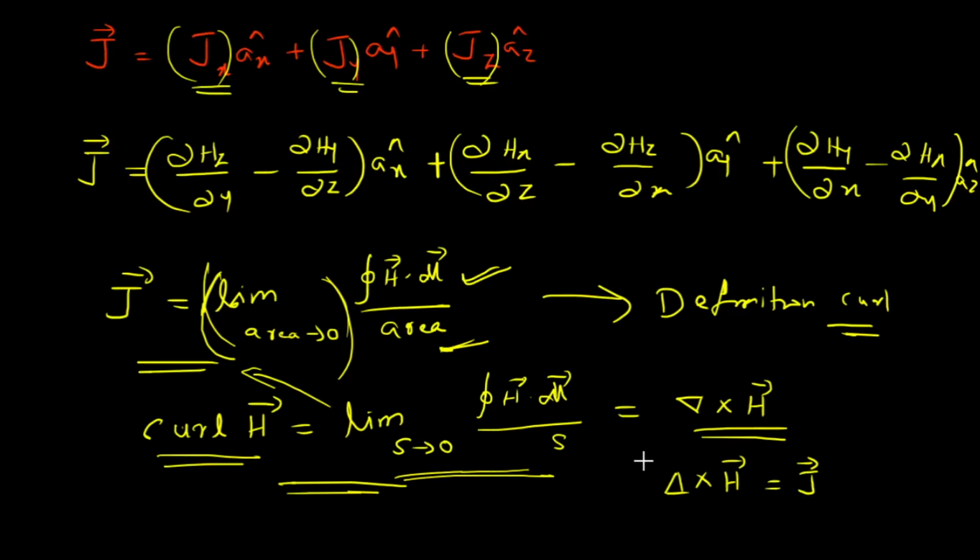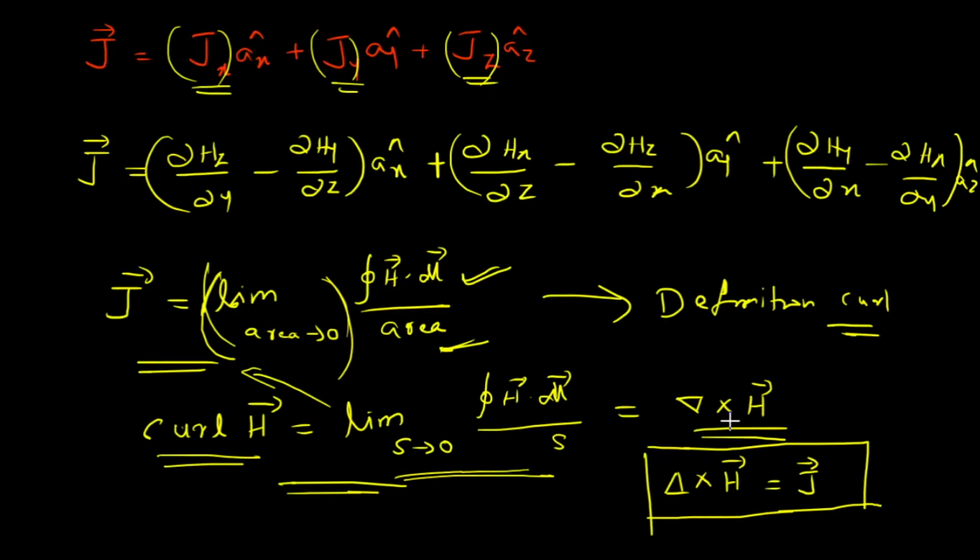This is a very important relation in the study of magnetic fields. If you can calculate curl of magnetic field intensity, you will get the current density. So current density at a point is nothing but curl of magnetic field intensity at that point. That's a very interesting result.